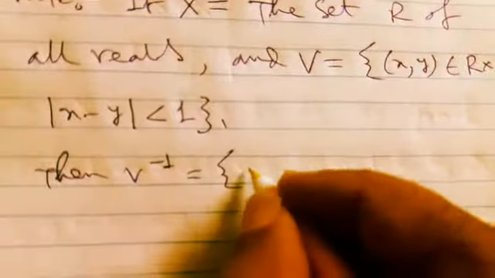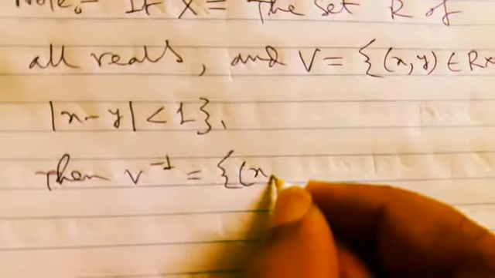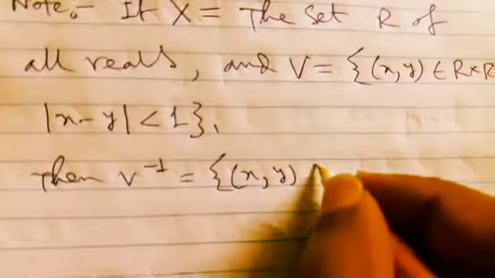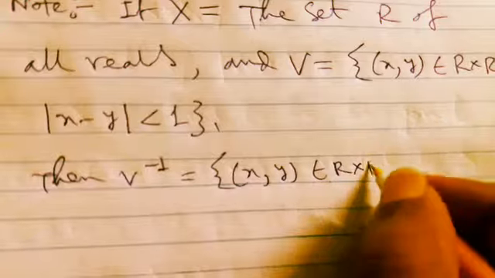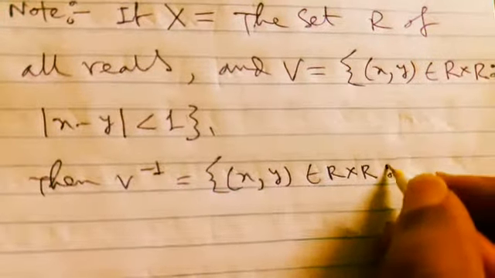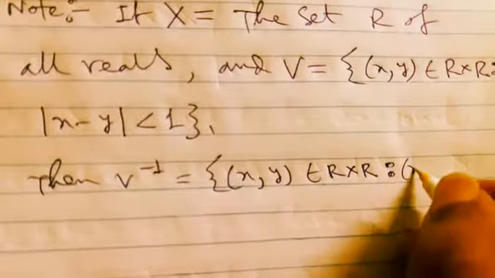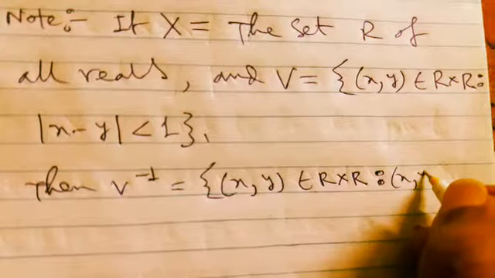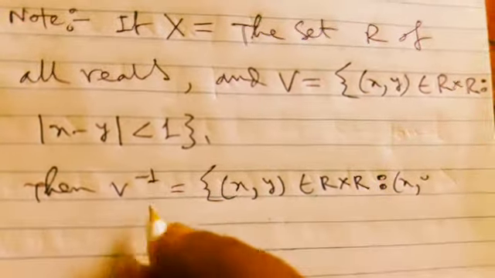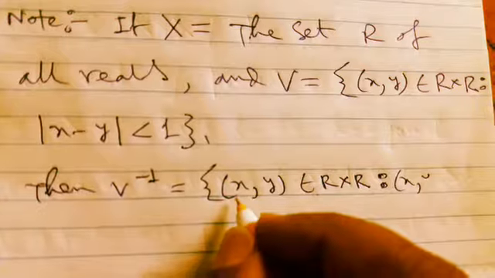Then for V inverse also, we prove this result: the pairs (x, y) belonging to R cross R that also belong to V inverse.